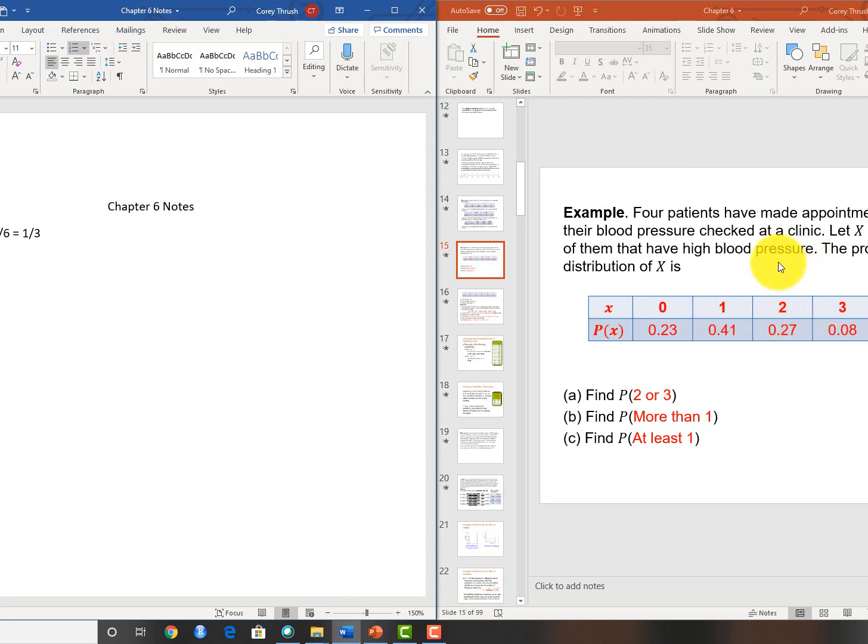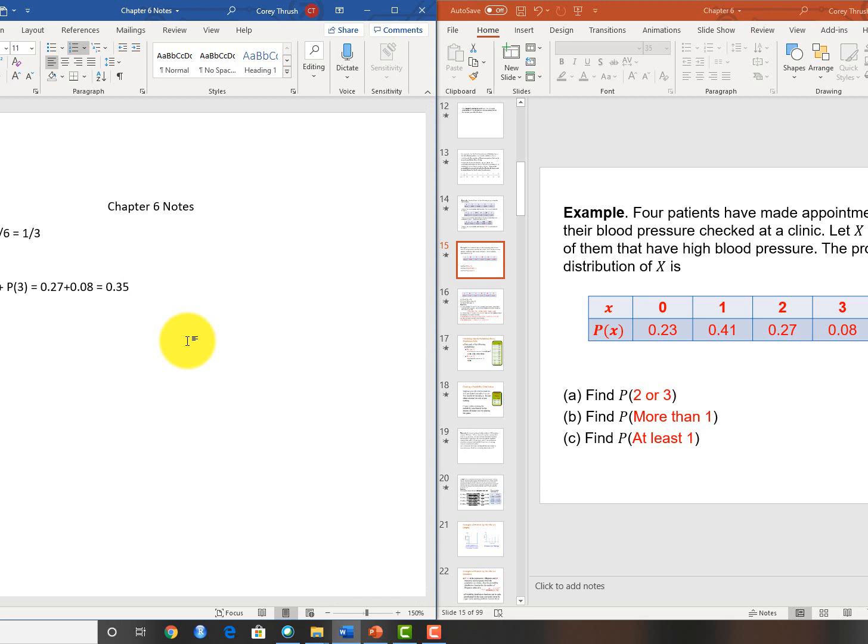So the probability of 2 or 3 is, remember this rule, probability of 2 plus probability of 3, and that equals 0.27 plus 0.08, and that equals 0.35.